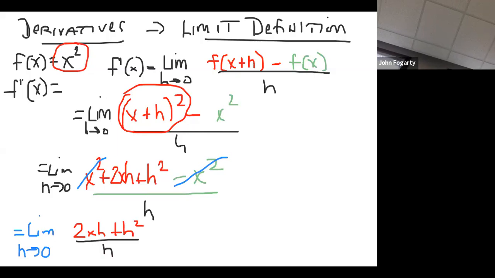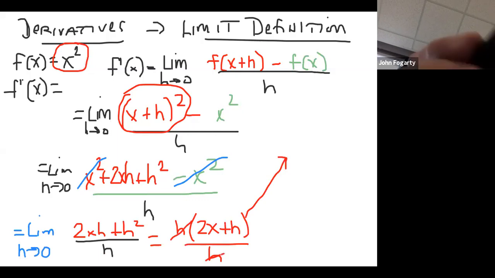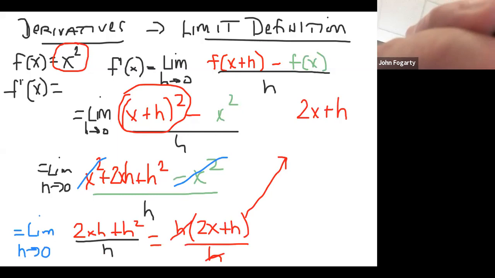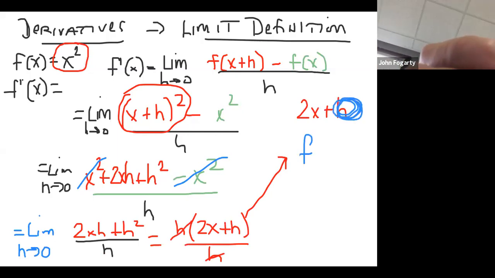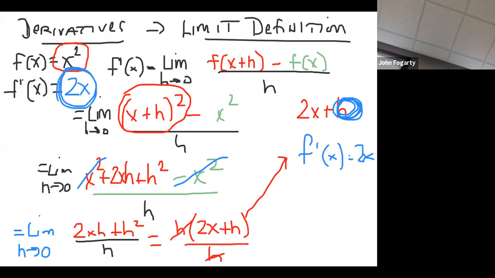Then I factor out the h's in the numerator. I can then cancel out the two h's. And then I end up with 2x plus h, but we know h, we can sub it as a 0, and we end up with f prime of x equals 2x, which is what we said at the beginning.